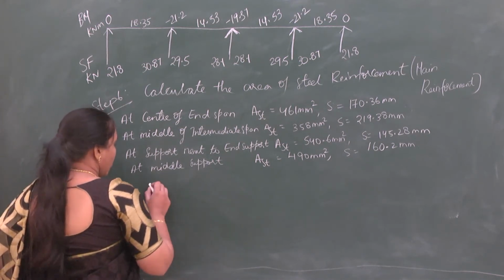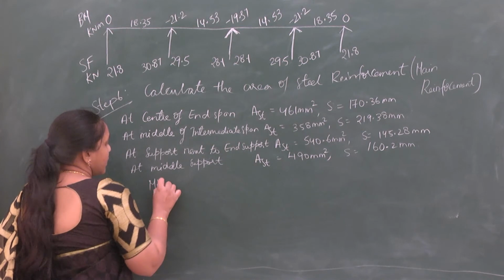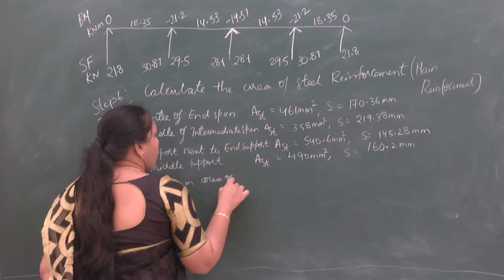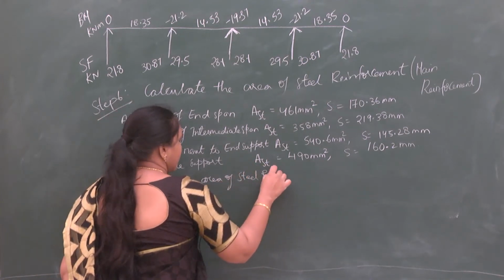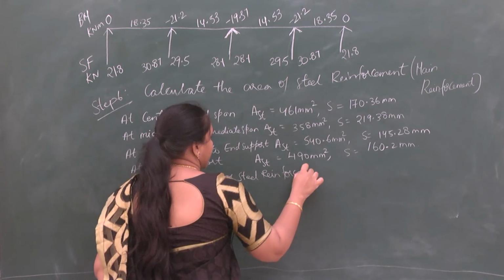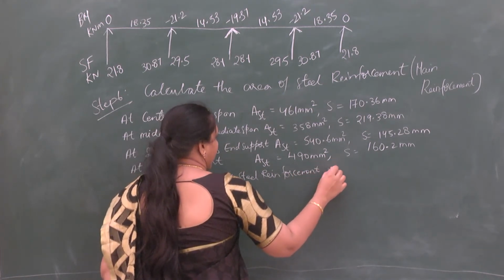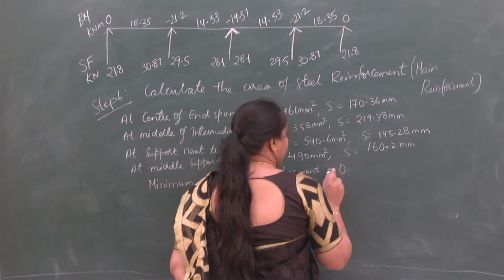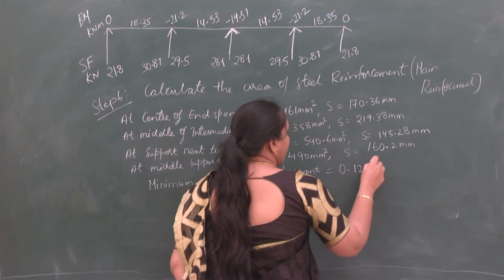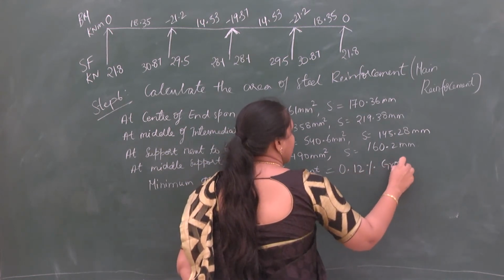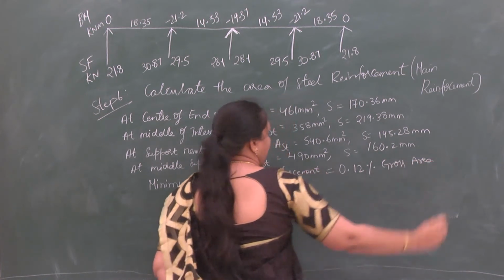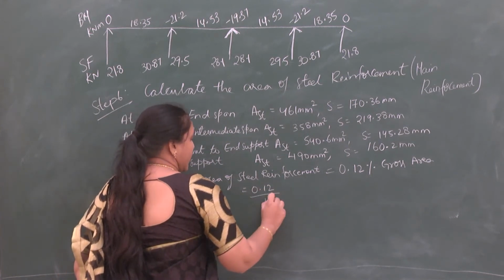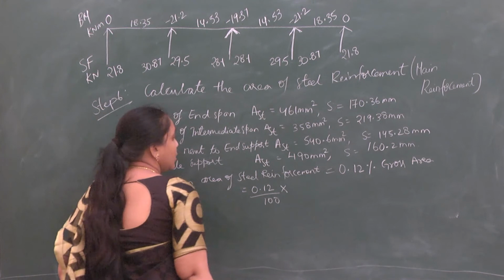So we already know the formula: the minimum area of steel reinforcement to be provided is 0.12% of the gross area. So it is 0.12 divided by 100 into gross area.